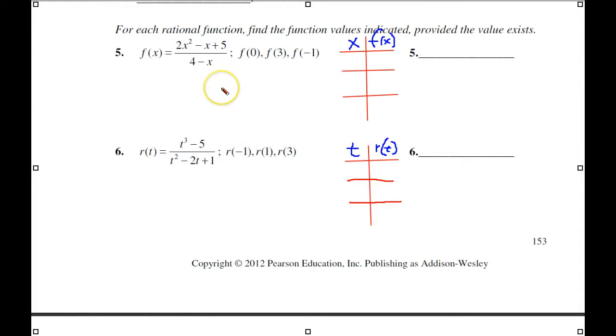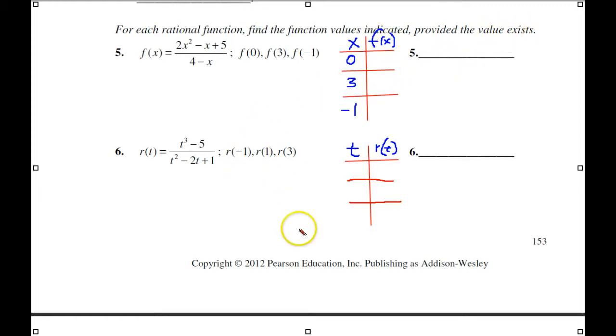So what we're looking for now in terms of 5 and 6 is these are rational functions. They're fractions. And we want to find the function value indicated provided a value exists. Now, if any of these values of x here, a 0, a 3, a -1, make our denominator a 0, then the function doesn't exist.